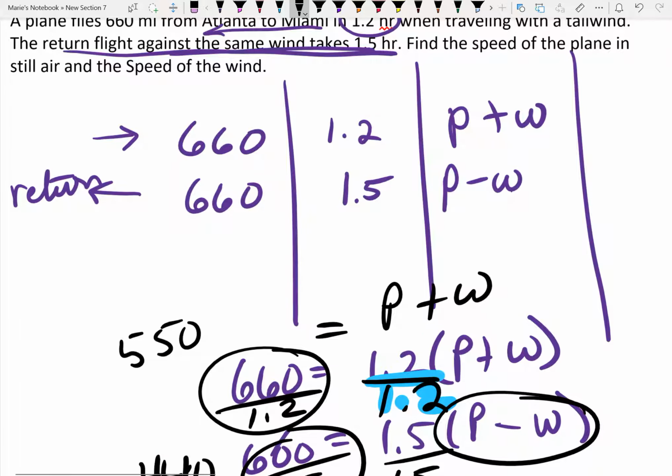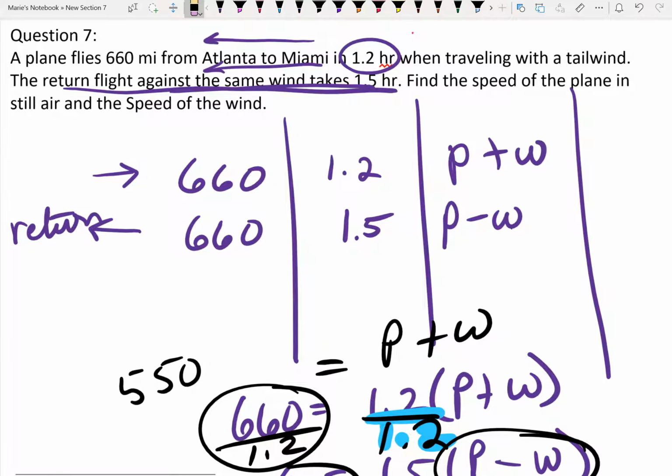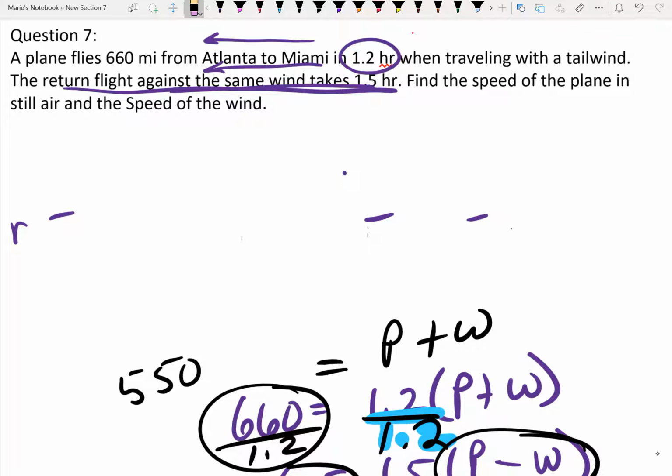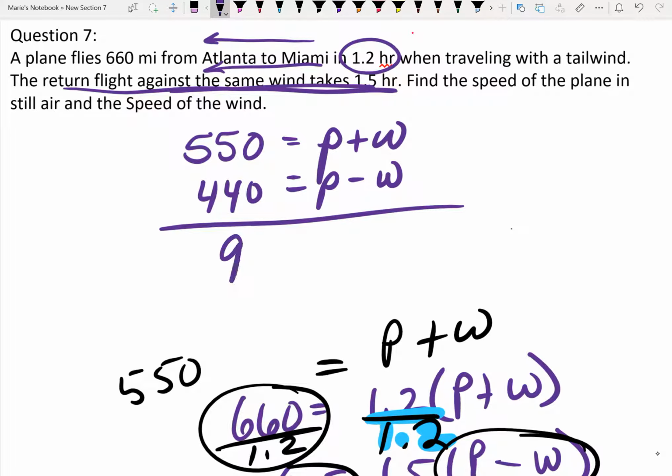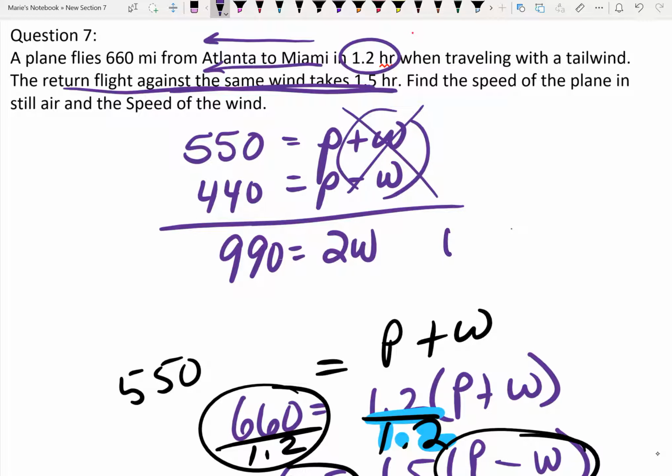So you have two equations. Let me erase all of this so you can look here. If 550 is equal to P plus W, and 440 is equal to P minus W, and I use the addition method, I get 990 is equal to 2P, because the W's are canceling out, leaving me P is equal to 990 divided by 2, which is 495.